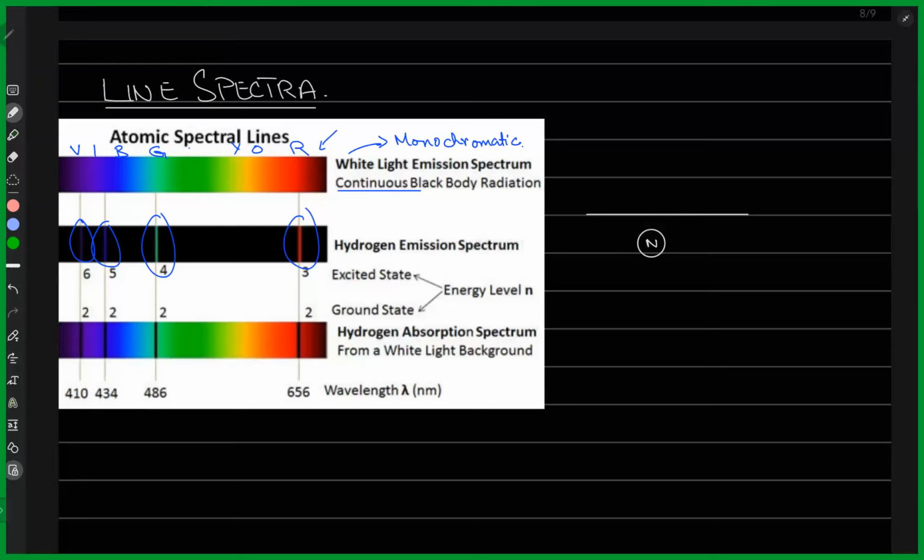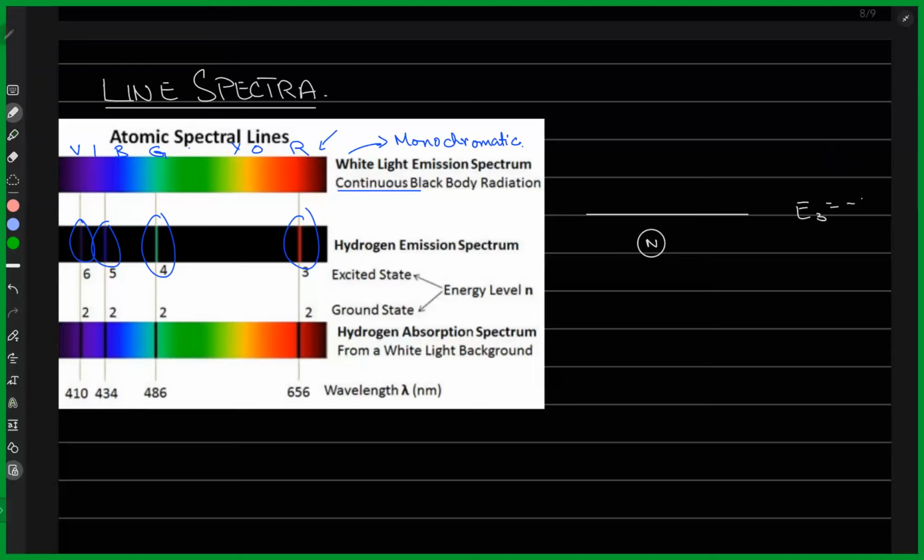Let's, for example, call it E3. These energies are negative. To make sure that these energies are negative, I'm just going to give them some values.